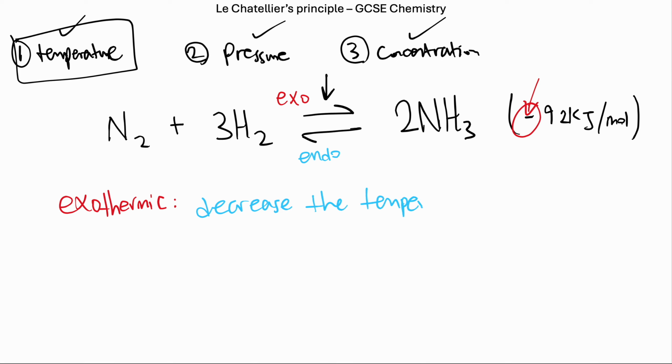So this might be a bit hard to visualize. Imagine the reaction is occurring within a sealed box. If the reversible reaction is all occurring within a sealed box, when I say decrease the temperature, I mean the entire temperature within the box is decreasing. Not just the forward or the reverse, the entire temperature of the container, of the place where the reaction is occurring is decreasing.